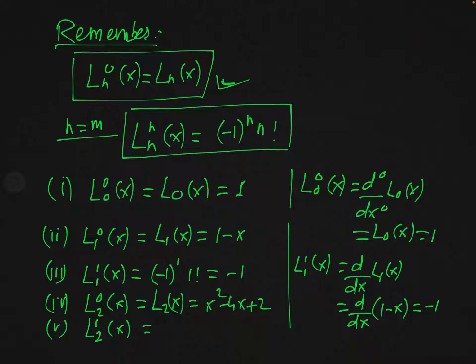You can see L_2^1(x) will be, from the basic definition, d/dx of L_2(x), and you know L_2(x) is equal to this much, so this is d/dx of x squared minus 4x plus 2, and after differentiation this will be equal to 2x minus 4.